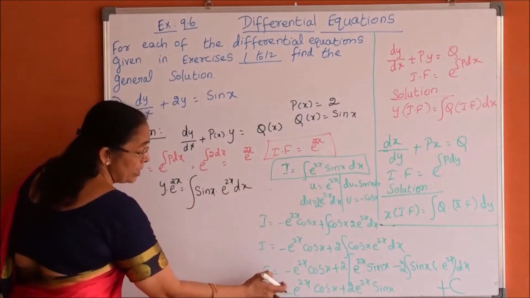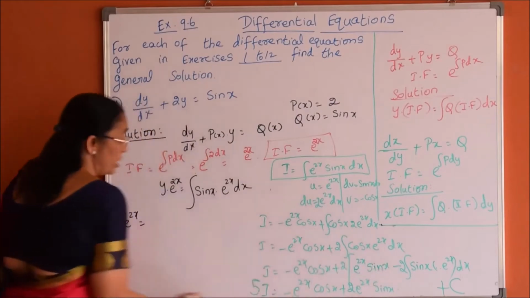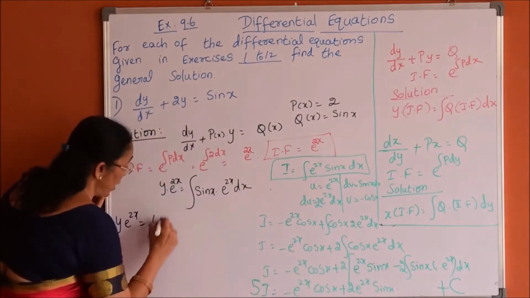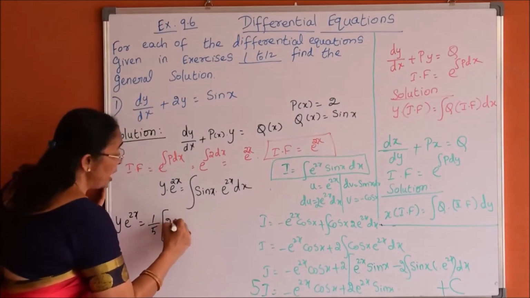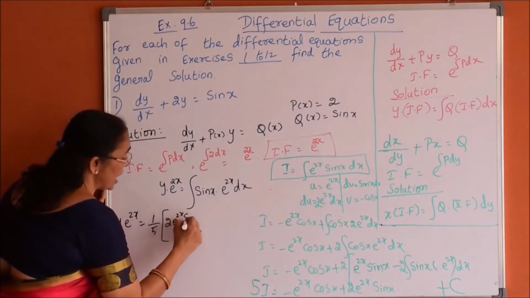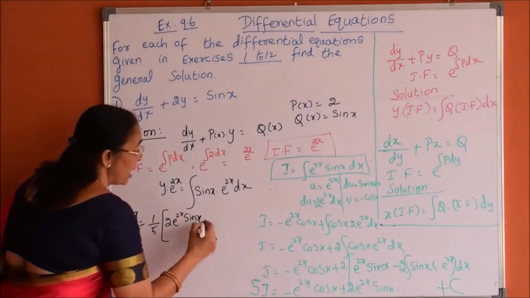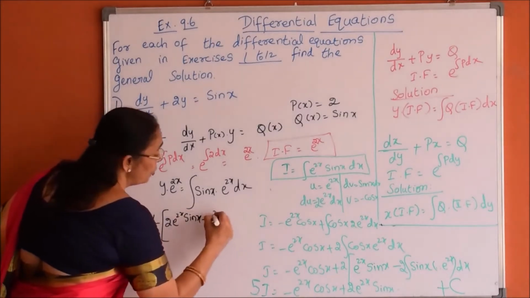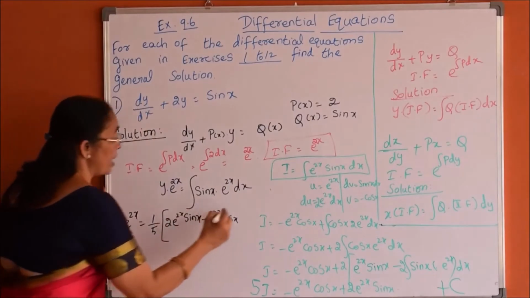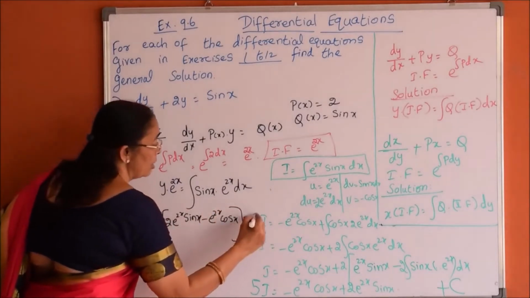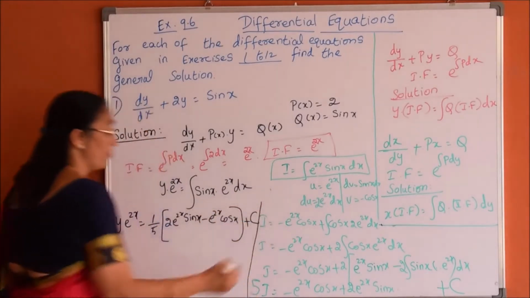Therefore I is nothing but 1 by 5 of the whole thing. So 1 by 5 of, let me write the positive one first, 2 e to the power of 2x sin x minus e to the power of 2x cos x plus c by 5. C by 5 is again one constant, plus c.